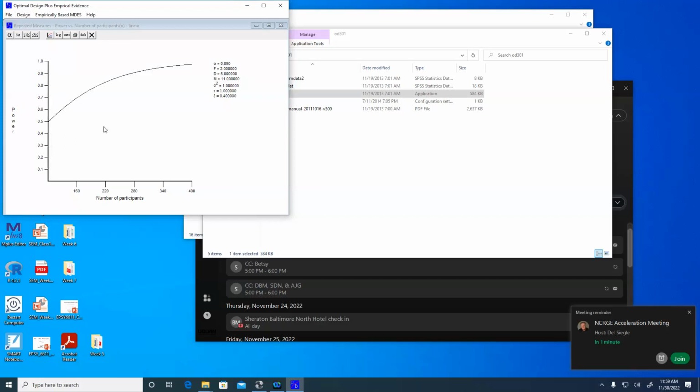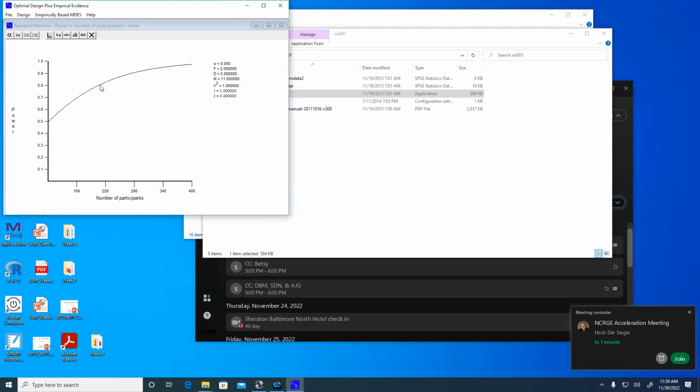See that with the effect size of 0.4 and the variability that we specified, to get to a power of 0.8, we need about 200 and some people.